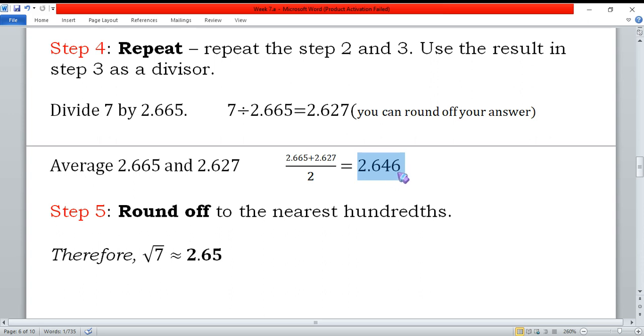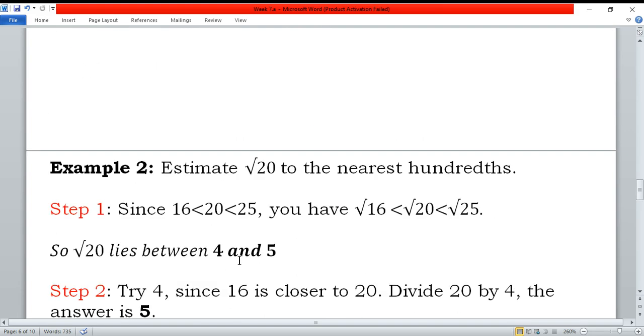Pero kung ang nasa kanan naman niya ay 4, 3, 2, 1, 0, mananatiling 4 yung nasa hundredths place na yan. Okay? So, but in this case, yung nasa kanan ng 4 ay 6. So, kaya ang 4 ay naging 5. Okay? So, therefore, square root of 7 is approximately 2.65. Okay? Sana naintindihan nyo.